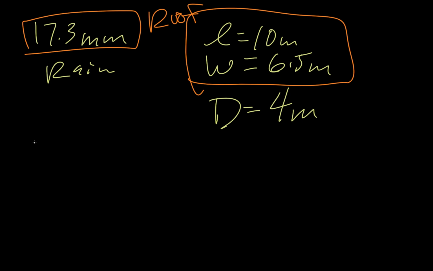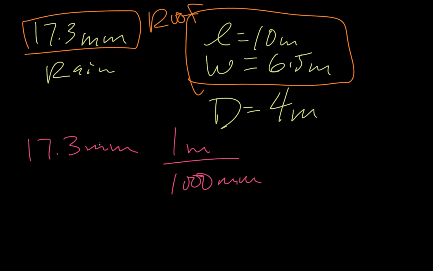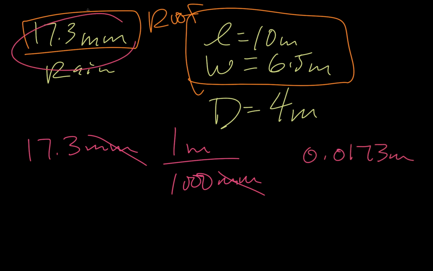So we're going to say 17.3 millimeters. In 1 meter, there is 1,000 millimeters. And so our millimeters cancel. And so we know that we need to do division. And so we're going to have 0.0173 meters, which is the same thing as this.